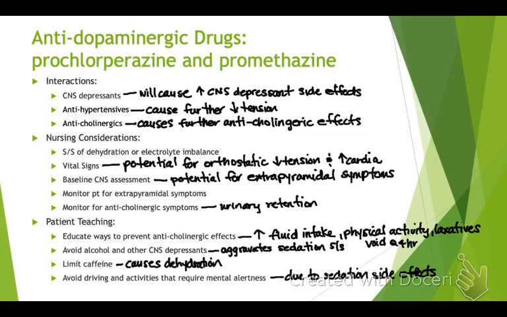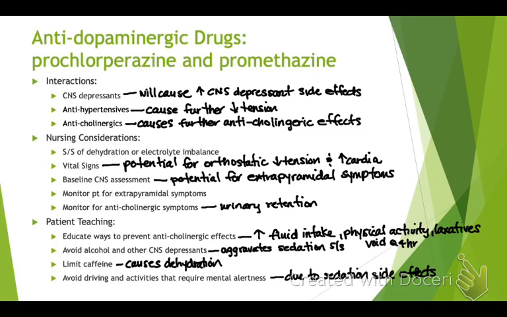Again, look for signs and symptoms of dehydration or electrolyte imbalance. You want to take your patient's vital signs. Again, they do have a potential for orthostatic hypotension and tachycardia, so you want to evaluate a baseline level of vitals.